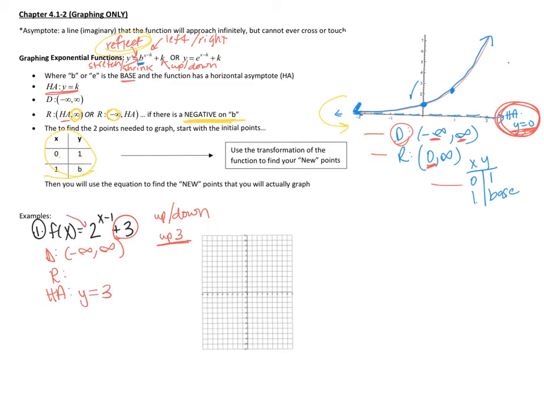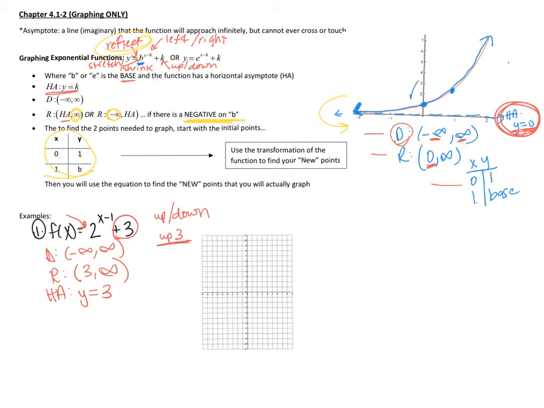There is no reflection here, so that means that my range is going to be 3 to infinity, right? If I had a negative out in front of that 2, then I would have said negative infinity to 3. All right, so I can tell all of those things just by looking at what is the number being added or subtracted at the end, and if there's a negative in front of my value.